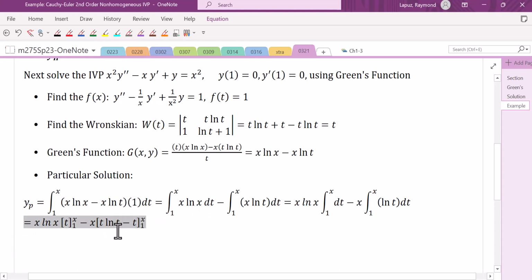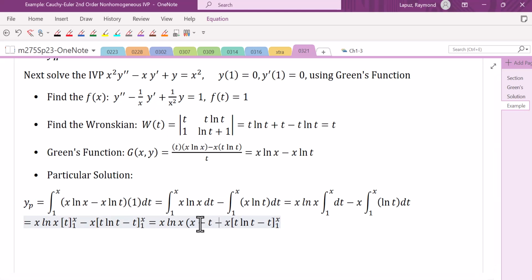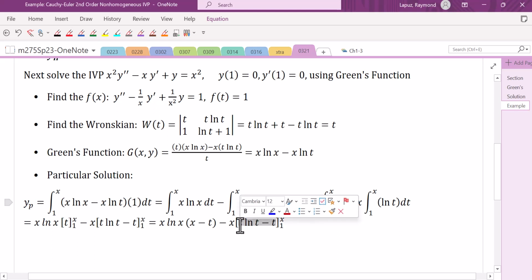All right, so let's continue on with this. This part here is just going to be x minus 1, because that's just t, and we're evaluating it. And then this whole thing will be replaced with x's.